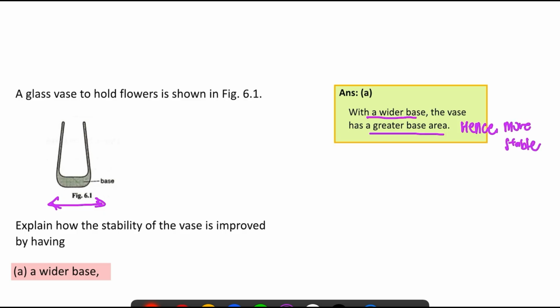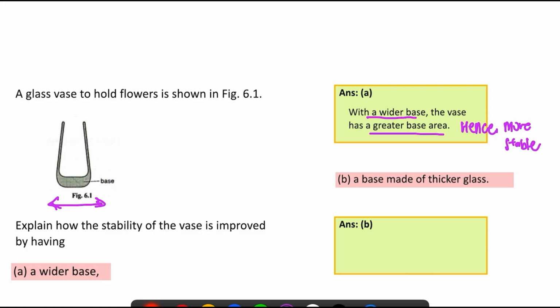Okay, next. A base made of thicker glass. For the base here, if you notice, the glass is actually thicker. By doing so, the center of gravity will be lowered. Because why? There's more mass at the base.